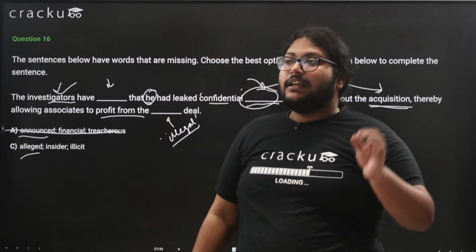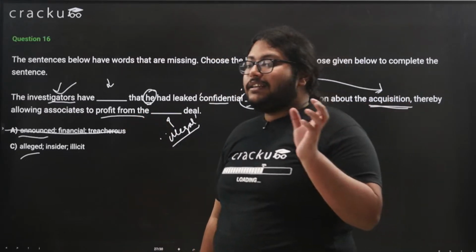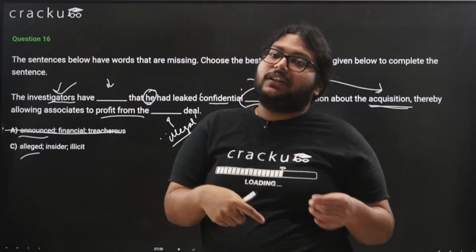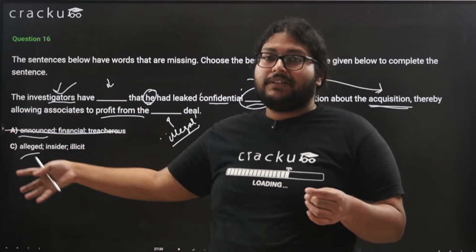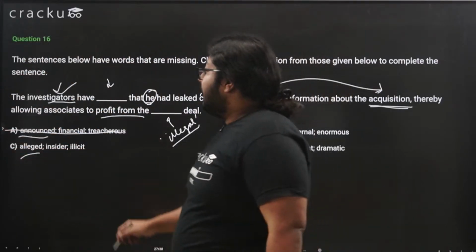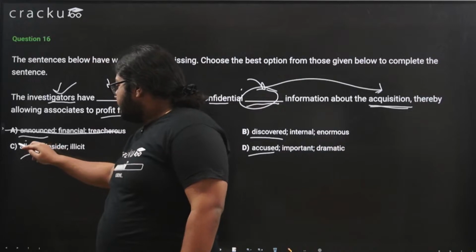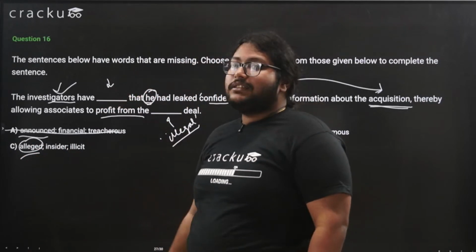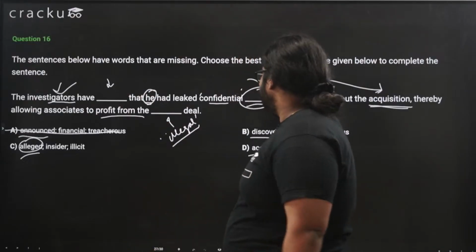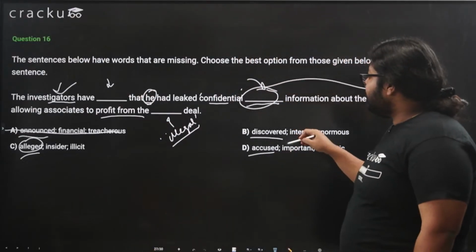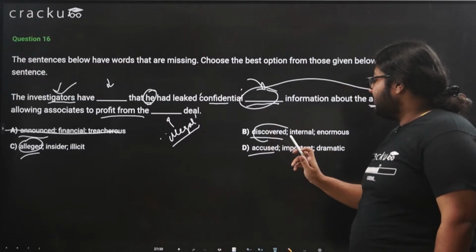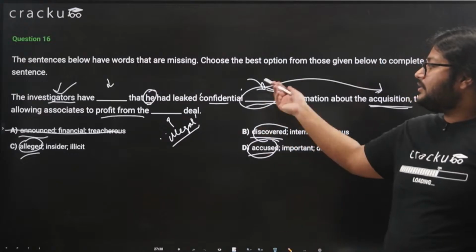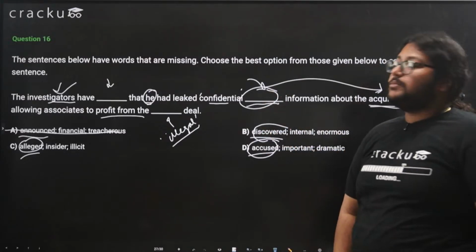Investigators can tell, like, we found this out, or they can blame someone, like they're blaming the person about something. Alleged makes sense here. The investigators have alleged. The investigators have discovered that he, still makes sense. Accused also makes sense. They have accused that he has leaked confidential information.